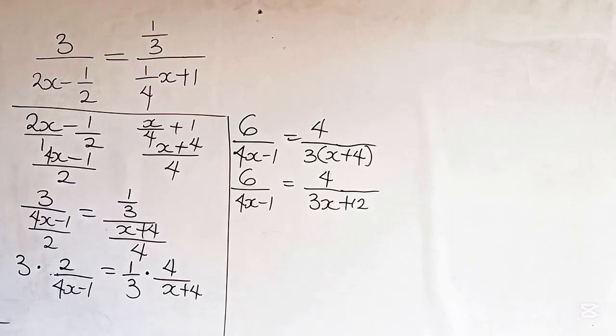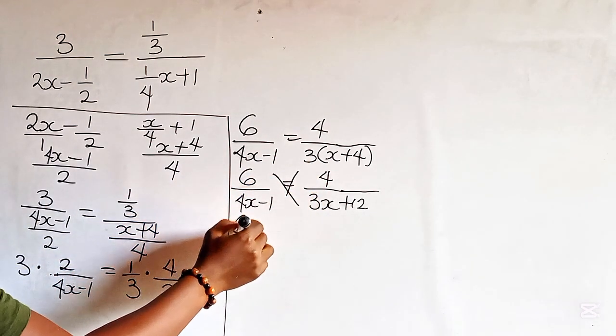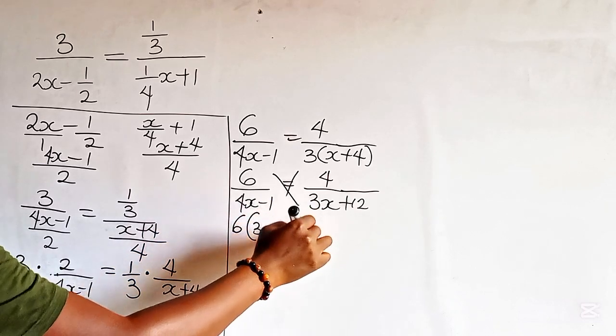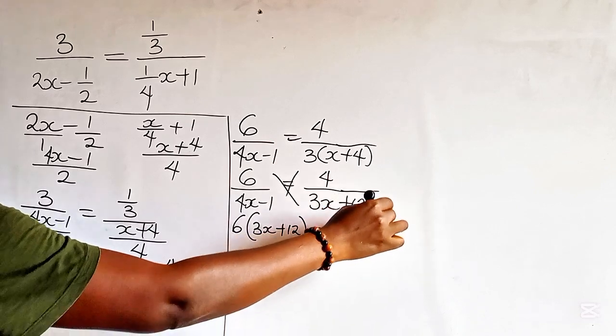So the first method we are going to use to solve for x is the cross multiplication method. So if we cross multiply, we have 6 multiplying 3x plus 12 is equal to 4 multiplying 4x minus 1.